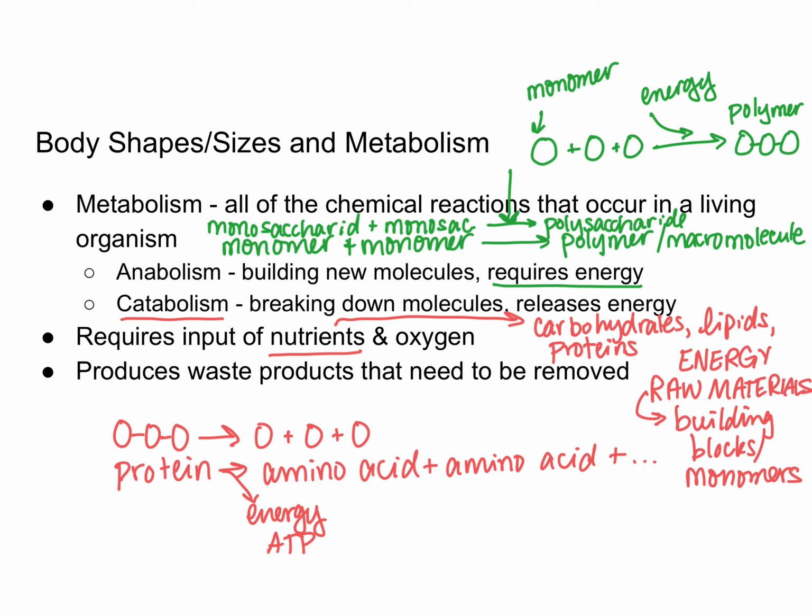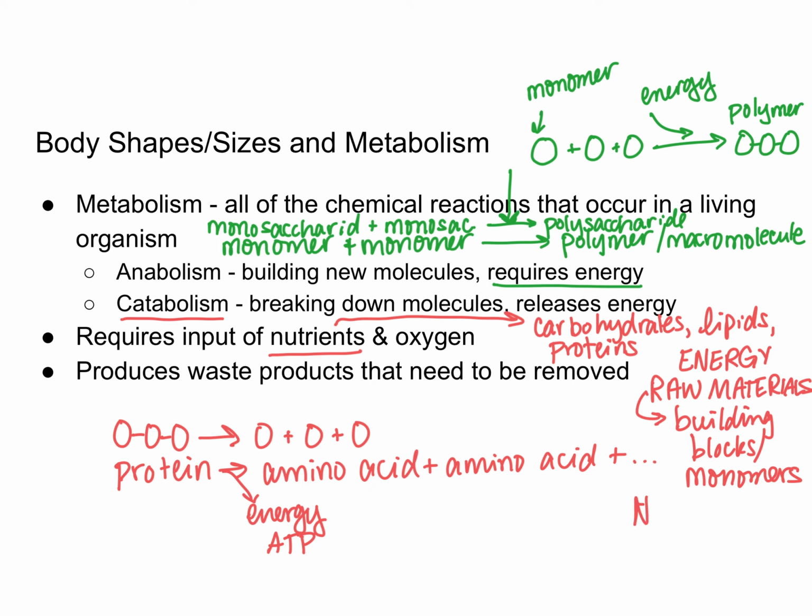When you eat protein, your body catabolizes the protein and it might extract some energy, so we make some ATP in the process. But we also take that protein and break it down into amino acids. Our cells can then put those amino acids back together, potentially in a different order, to form a different protein. So we need the carbohydrates, lipids, and proteins for energy and raw materials.